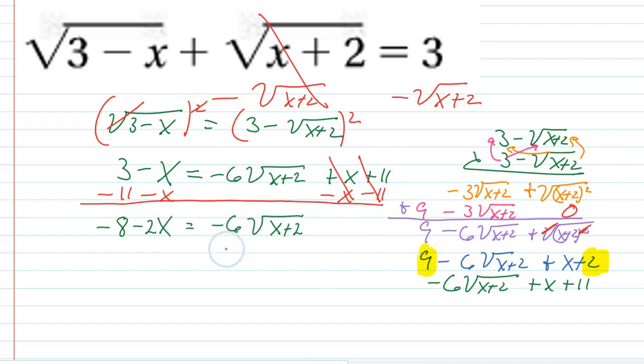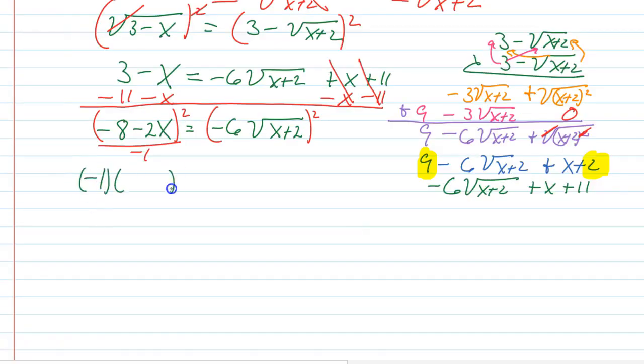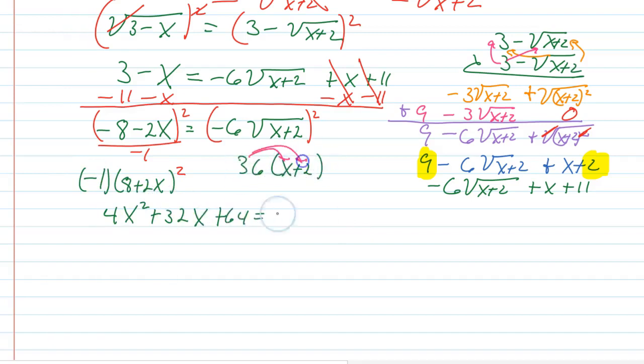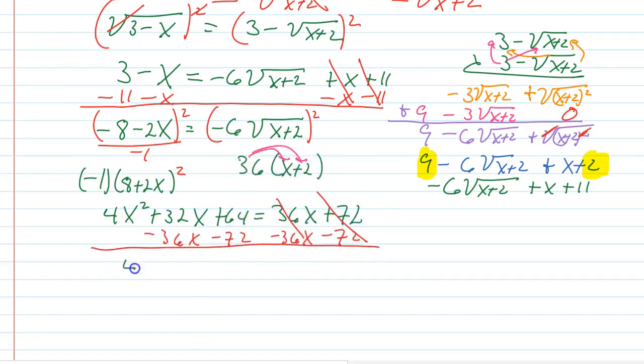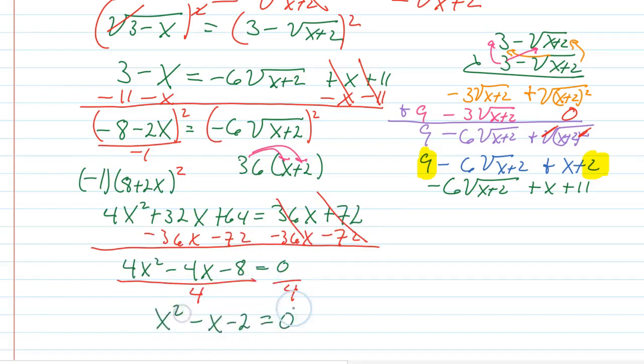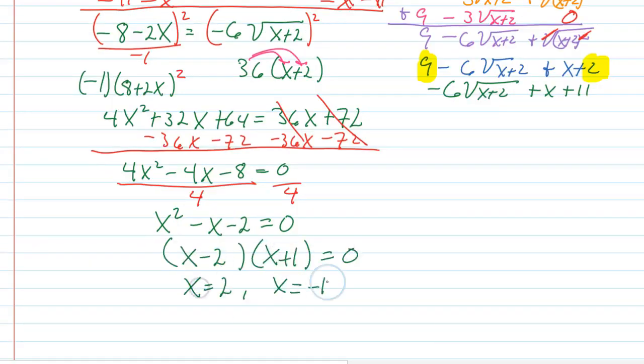At this point, if I divide the -6 to the other side, then I'll end up with fractions, and I don't want fractions, so I'm simply going to square it as is. Then you're left with x is equal to 2 and x is equal to -1.